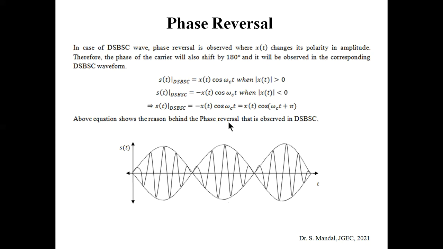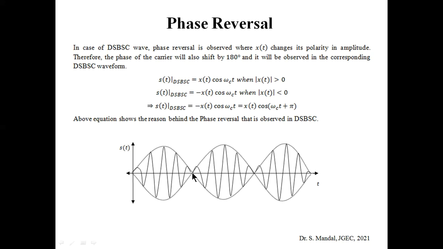Now this can be written as xt into cos of omega ct plus pi. So we can see that when xt becomes less than 0, there will be an extra phase difference of pi, or 180.